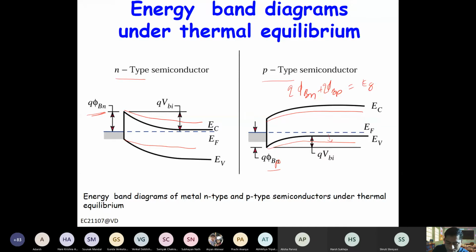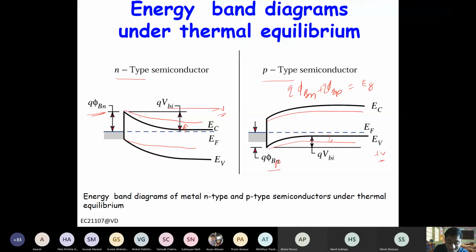So this Fermi level will go down, this Fermi level will go up. That means you are applying a negative voltage here and a positive voltage here. This is n-type, this is p-type. So the convention is similar: for n-type, if you connect negative voltage, it is forward bias. For p-type, you connect positive voltage, it is forward bias.